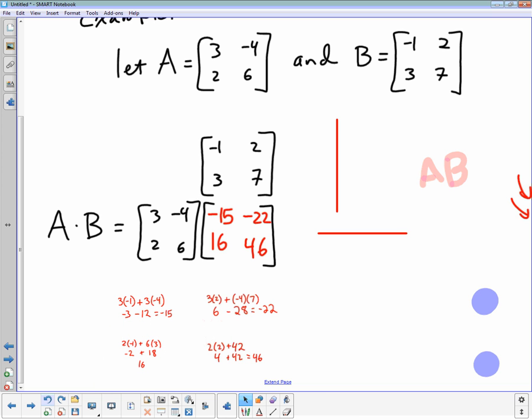Okay. Let's take these same two matrices, A and B, and multiply them in the opposite direction, in reverse. And we'll see what happens when things are slightly different.